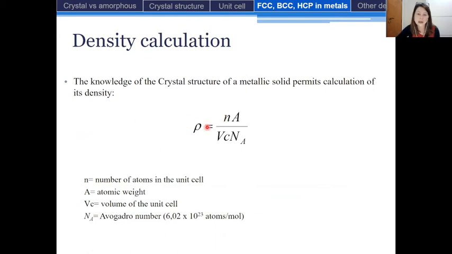This equation gives a relationship between the number of atoms in the unit cell, the atomic weight, the volume of the unit cell, and the Avogadro number. And so not only should we consider the unit cell, from which we calculate the number of atoms per unit cell and the volume of the unit cell, but also, as we said in the previous example, the atomic weight and this Avogadro number. And so in that way, we can calculate the density of the metal.